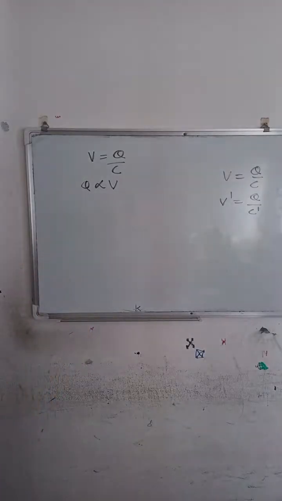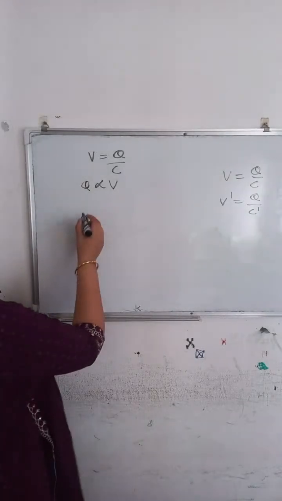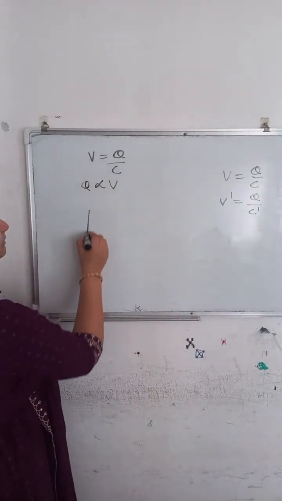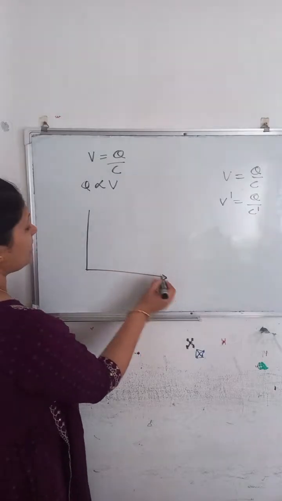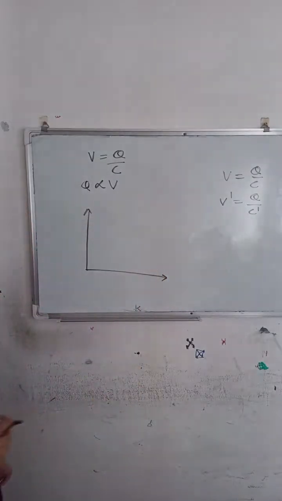That means if Q increases, then the potential difference also increases, and the resultant is the capacitor. They are asking here to find out the capacitance.